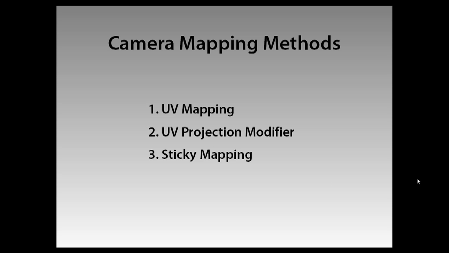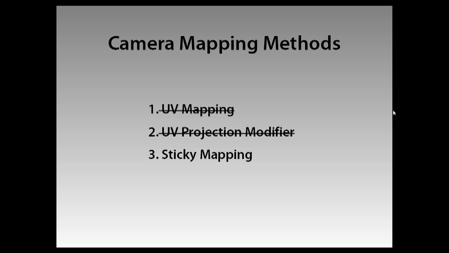Now, there are three ways to do this in Blender. You can do it the UV mapping way, with the UV projection modifier, or with sticky mapping. In my opinion, the first two suck. I've tried them myself. They're really difficult. It seems as though all the planets need to align to make sure everything works okay. It's very fiddly.